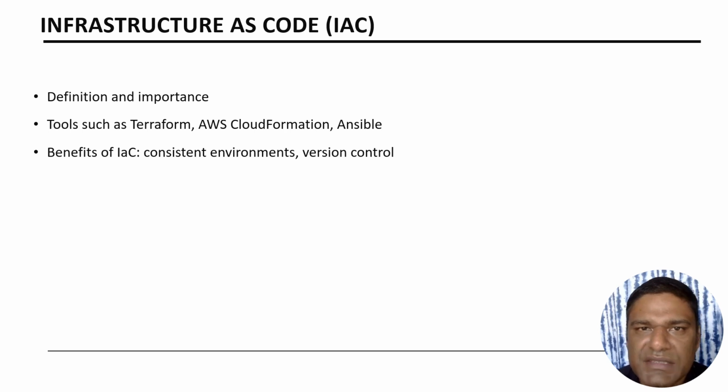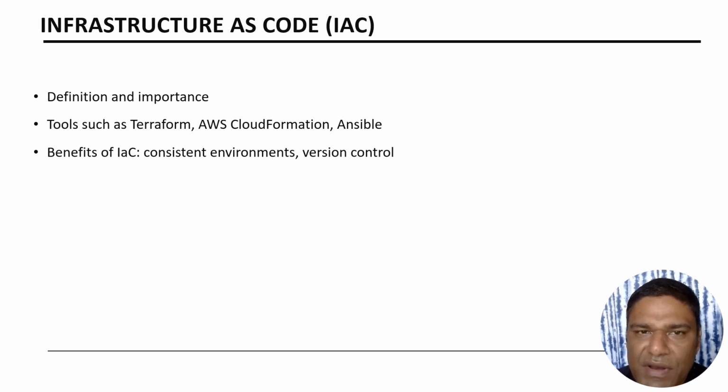So this IaC is a practice of managing and provisioning the infrastructure through machine readable definition files instead of using human intervention. There are many tools available like Terraform, AWS CloudFormation and Ansible. They allow developers to define infrastructure configuration using code.